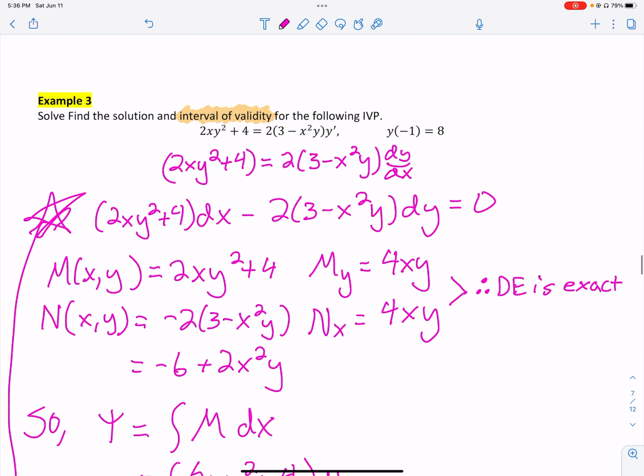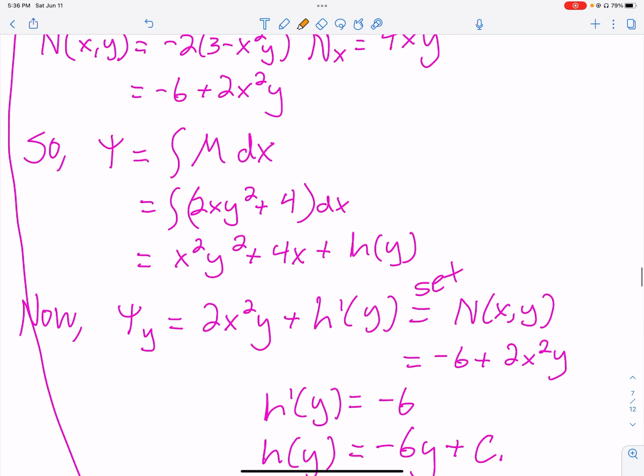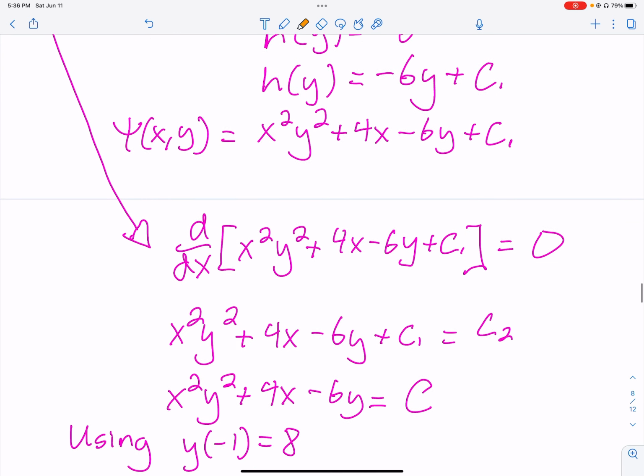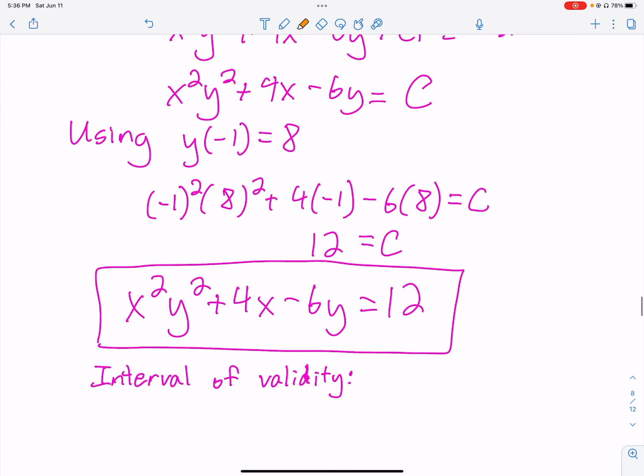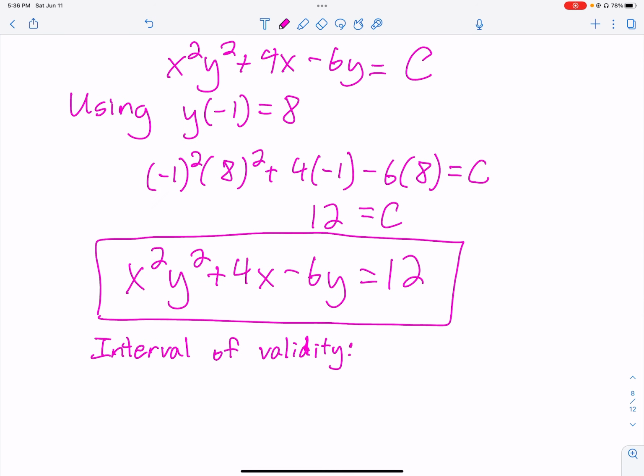Well, we started out with nice pretty polynomials here. I can plug whatever I want into that, and into this. I'm not really dividing by variables. I don't have any logarithms. I don't have any square roots or anything like that in my whole problem. So the interval of validity, because nothing is keeping me from plugging in whatever I want, is all real numbers.